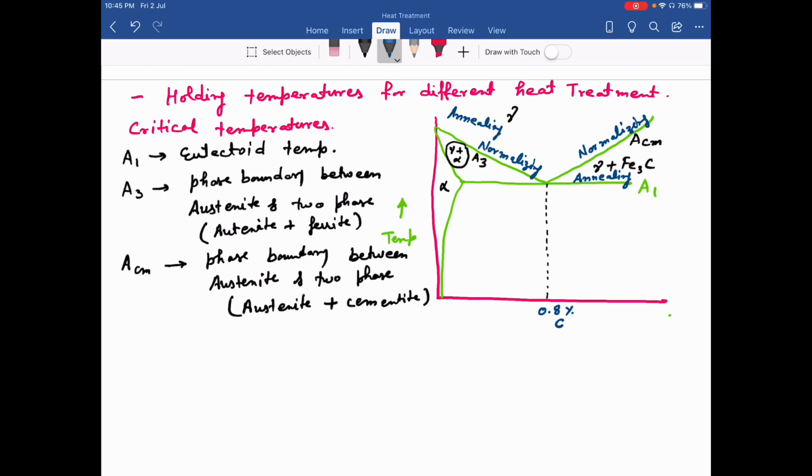Okay, so near about A1 or below A1, I have the temperature range for spheroidization, for recrystallization annealing, and then for stress relieving. Okay, so these are various holding temperatures for different heat treatment processes. So we will also discuss them again in detail when we discuss various heat treatment processes.